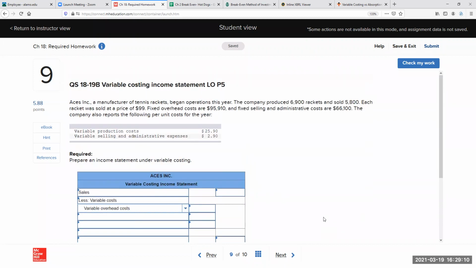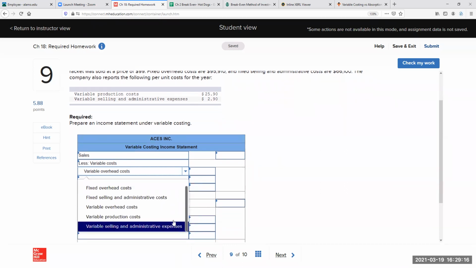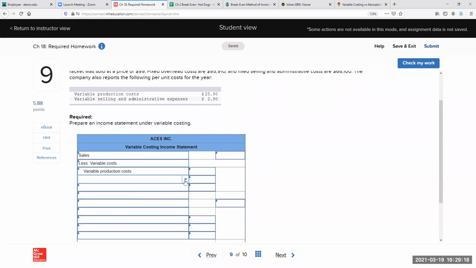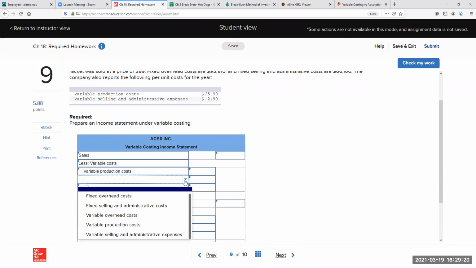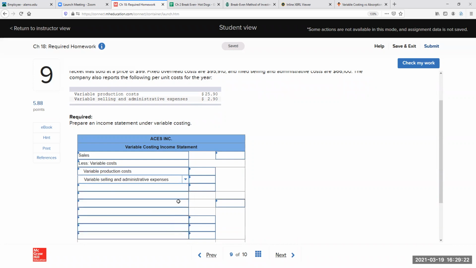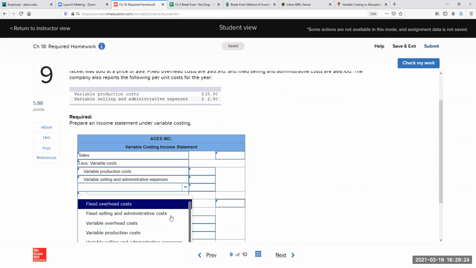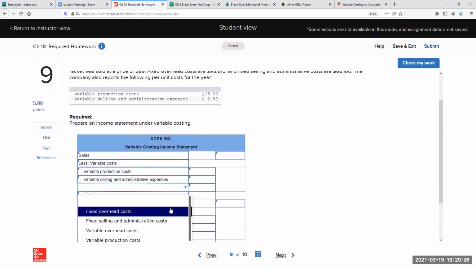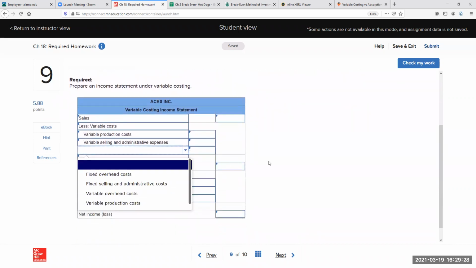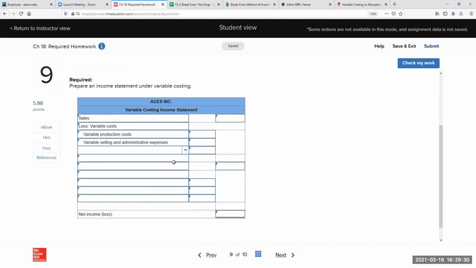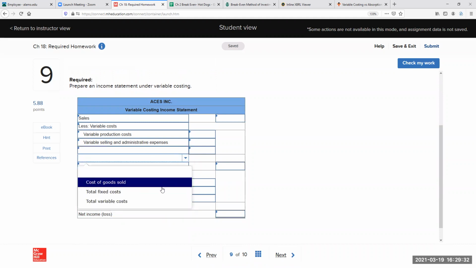Do I have variable overhead? Fixed overhead, fixed selling. I want my variable production, and I want my variable selling and admin. And that equals your contribution margin.